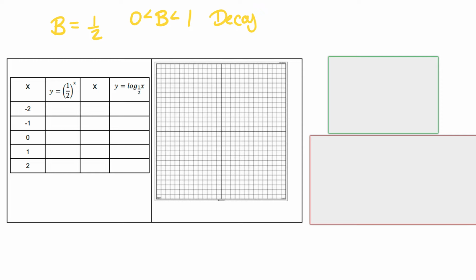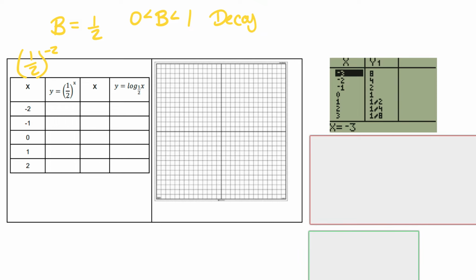I just went straight to my calculator on this, but do understand that what we're essentially saying here is 1/2 to a negative 2 power. So let's take a look at the values that we have here.